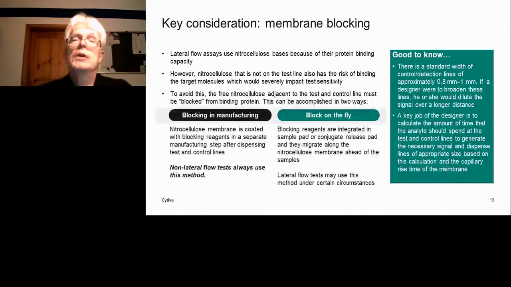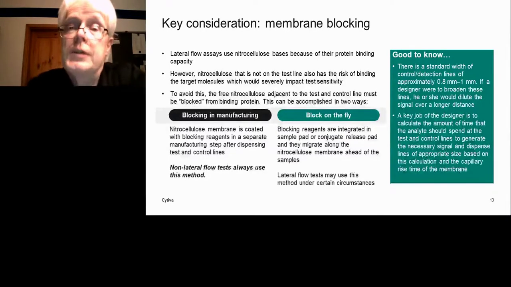That means your sample liquid is always the same volume, but the amount of molecules dissolved in it when it runs through the pads will differ. That's especially difficult when you want to develop a quantitative test system. And for quantitative tests, a separate blocking step of the membrane is more or less unavoidable.